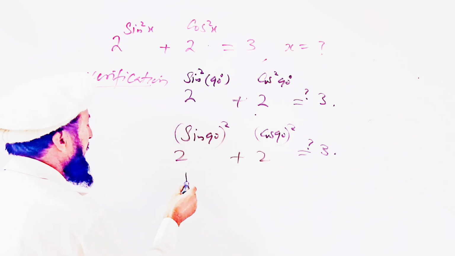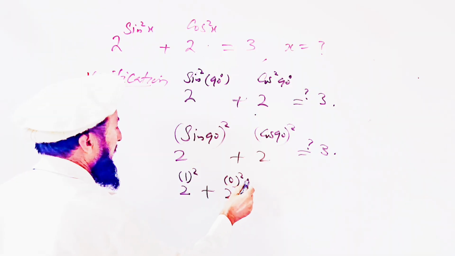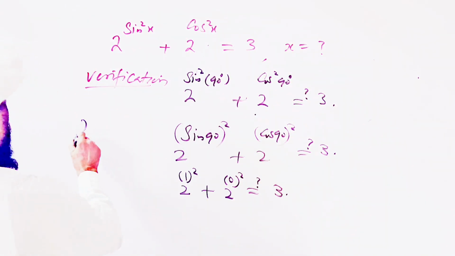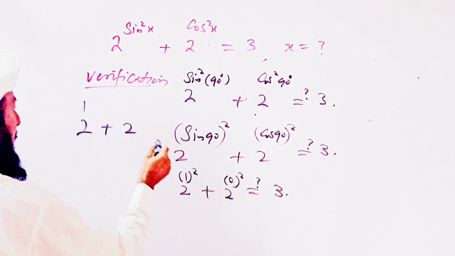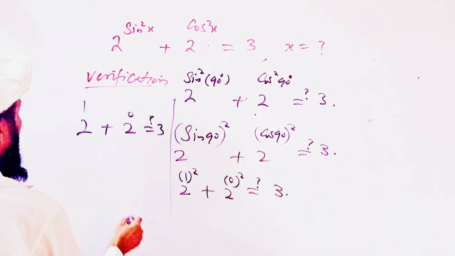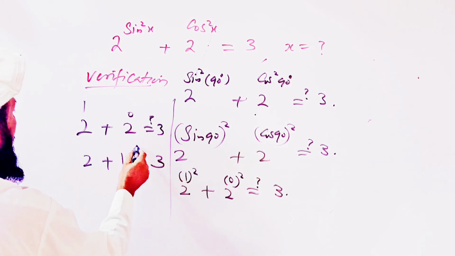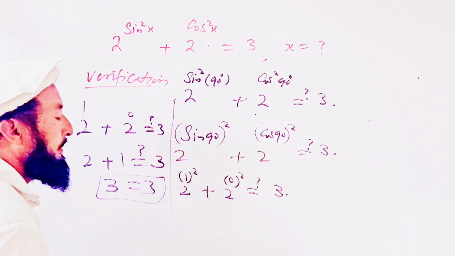Taking their squares, 1 square is 1 and 0 square is 0, so we get 2 plus 1, is it equal to 3? Now 3 is equal to 3. Our solution is correct for both angles.